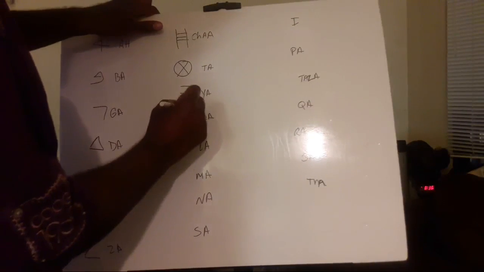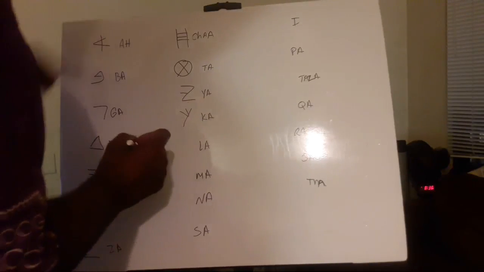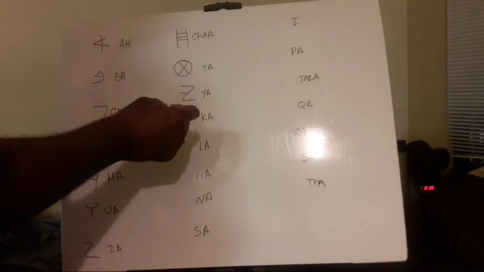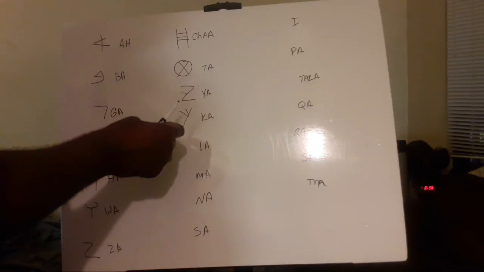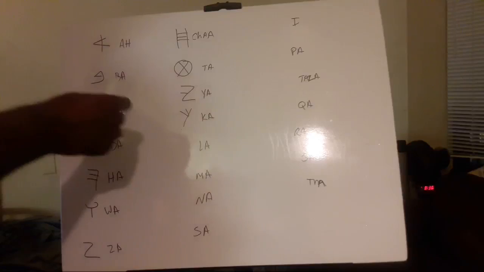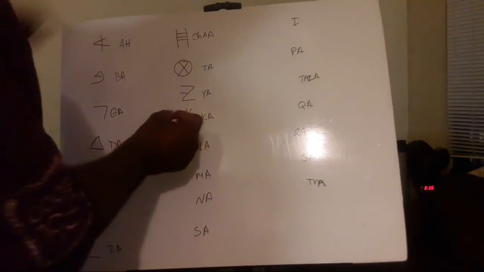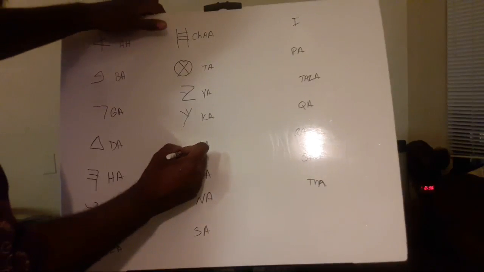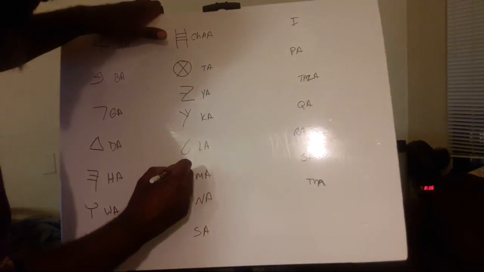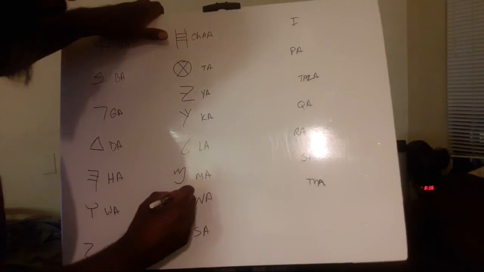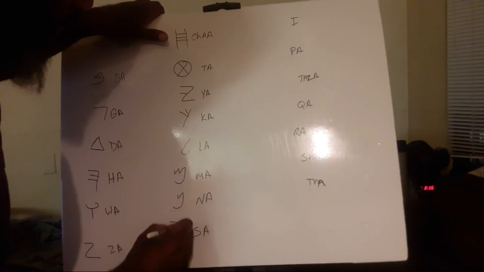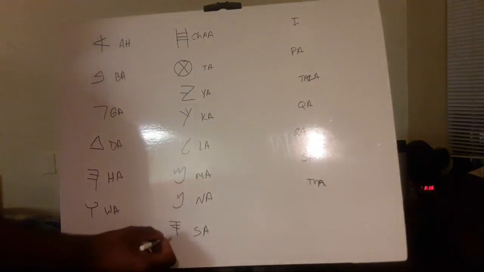Ka. Now, in different drawings, it looks different, but I'm using the drawings that the apostles originally came out with when they put the pamphlet on YouTube. So this is the Ka. It's like a Y with a line in the middle. La, ma, na, sa is like three lines, one going through all three of them.